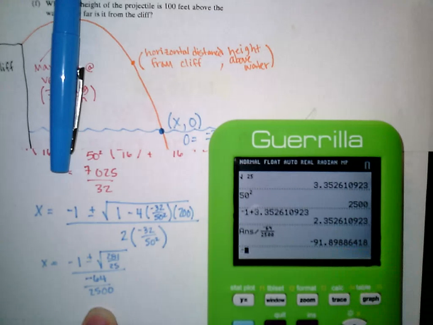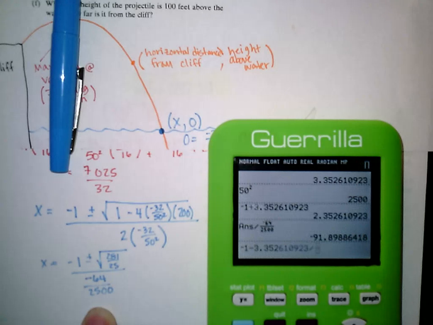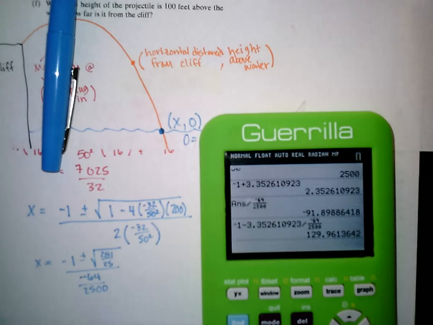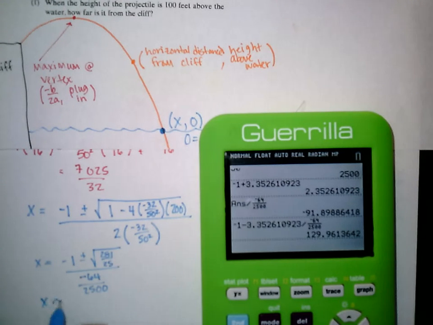So I'm going to do -1 minus what I had for my radical, divided by -64 over 2,500. And that gives me 129.96. So that's going to be approximately 130 feet.